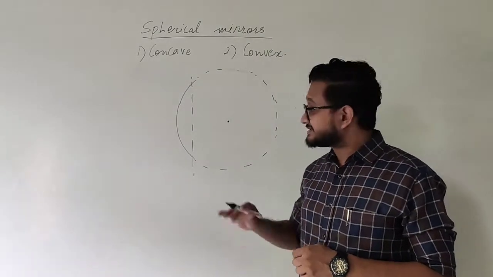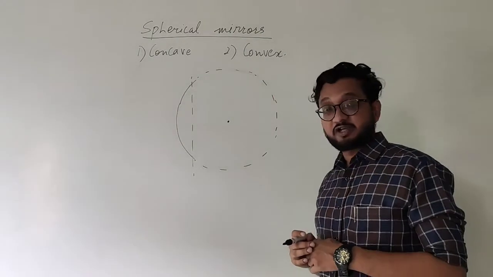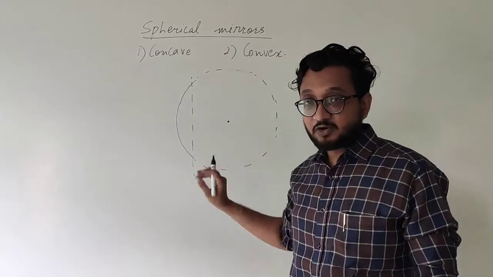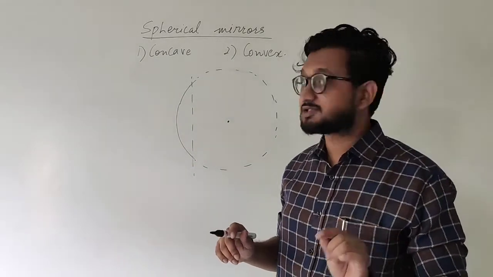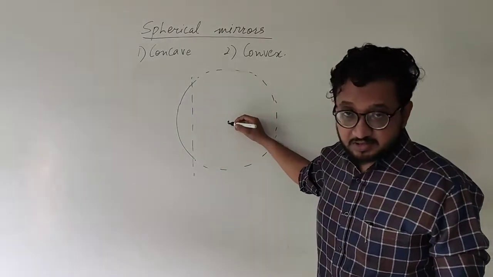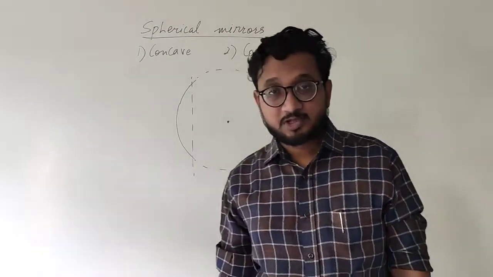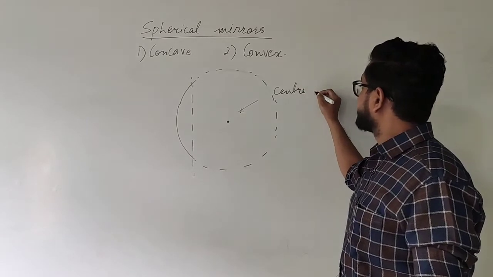Now let's first see the different points regarding a spherical mirror. Whichever one it is, concave or convex, a few of the things are going to remain the same, which are really important, so pay attention. This is a whole sphere, and just like a circle, a sphere also has a particular center. This center is called the center of curvature.